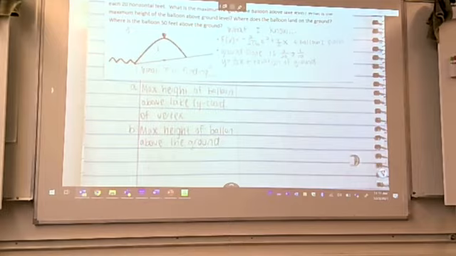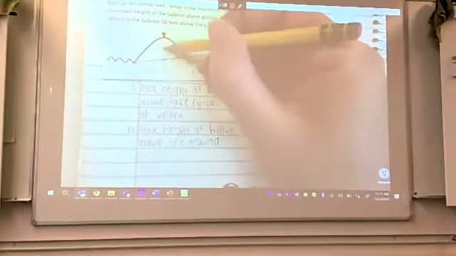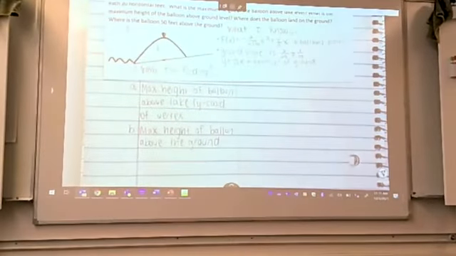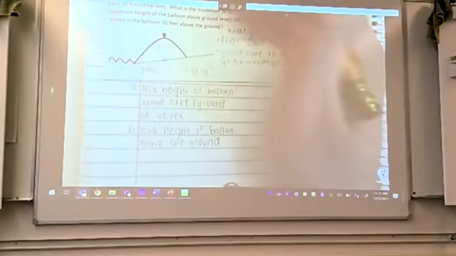Another thing we could have done was figure out what this pole height is. Oh, but wait a second, I just thought of something that we didn't think about. What you're saying is right.